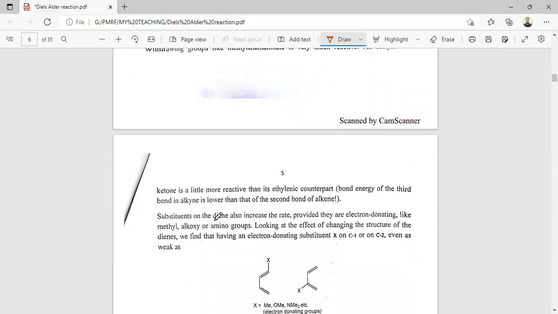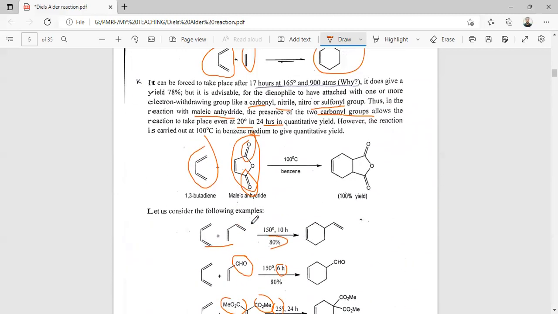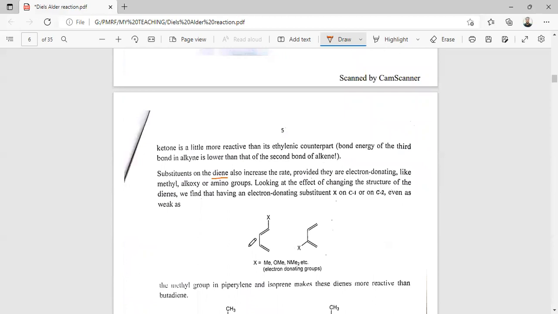So electron withdrawing substitution on the dienophile will increase the rate of this reaction, and substitution on the diene also increases the rate, provided it is electron donating substituents like methyl, alkoxyl or amino groups.